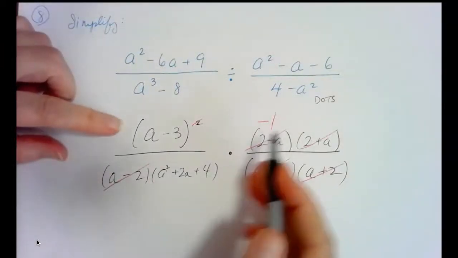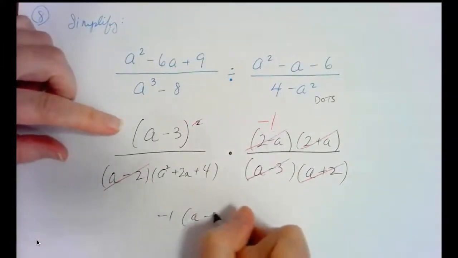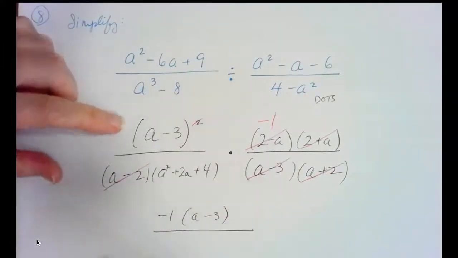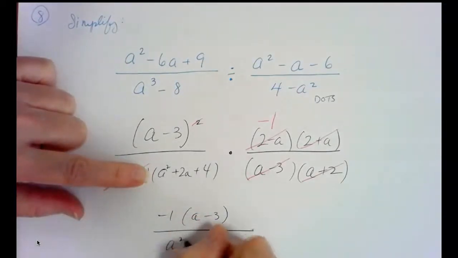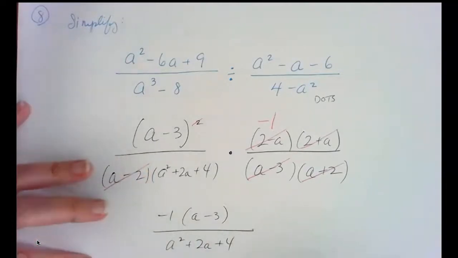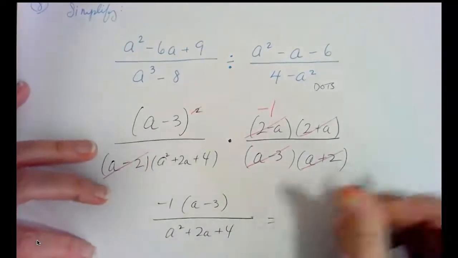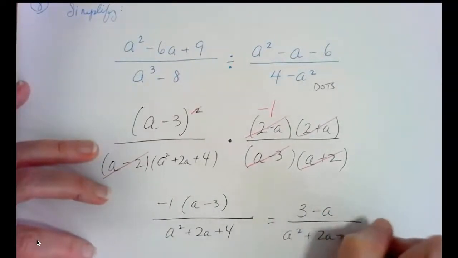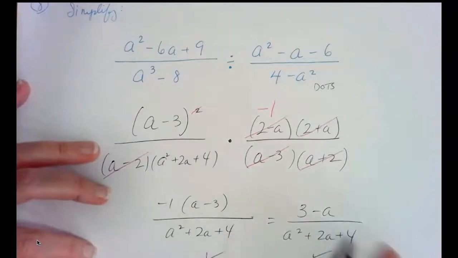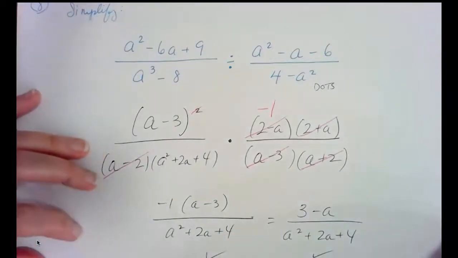So we have negative 1 times a minus 3 over the trinomial factor, a squared plus 2a plus 4. You can leave it like that, or you could change it to 3 minus a over a squared plus 2a plus 4. Both of those are perfectly correct answers.